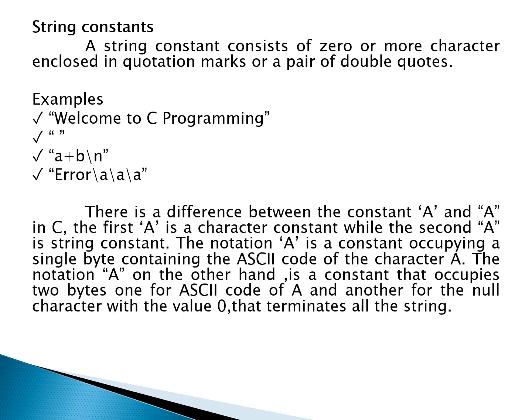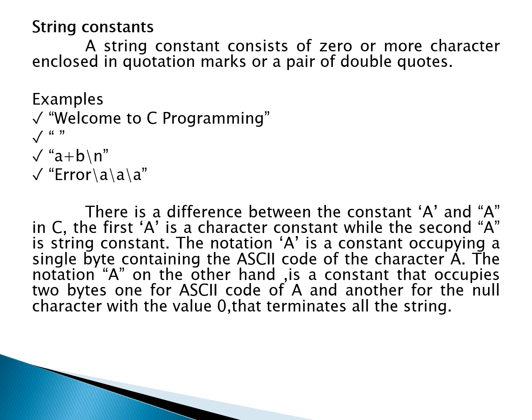There is a difference between the constant a written within single quotes and a written within double quotes in C. What is written in a single quote is considered a character constant, while what is written in double quotes is considered a string constant.